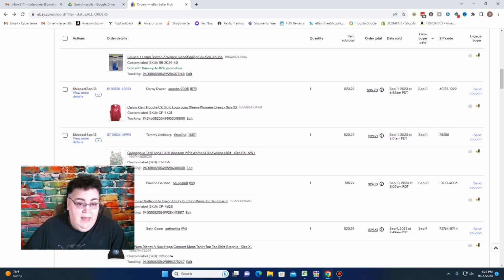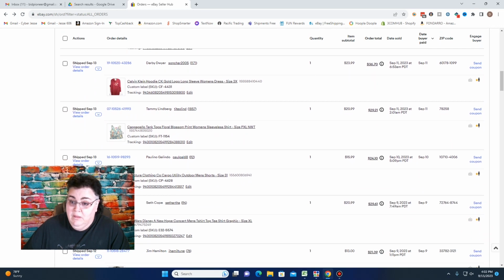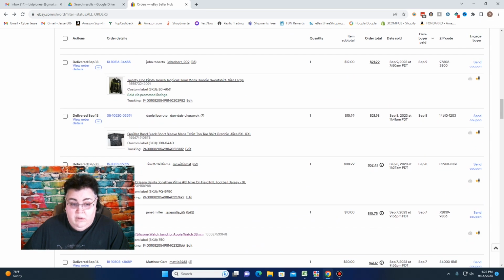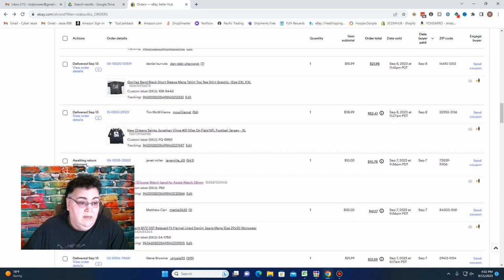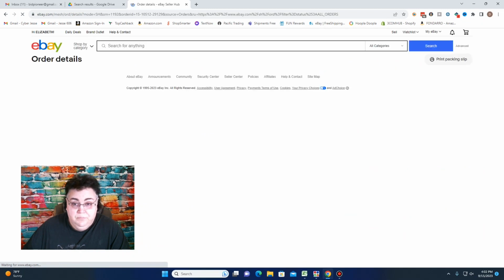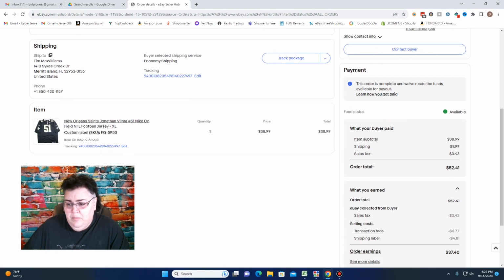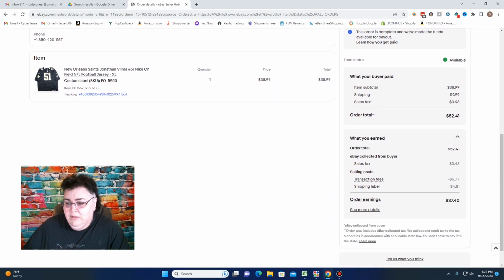Let's look at a higher priced item. I'm trying to find one. There we go. $38.99 on this jersey. They paid $9.99 shipping, sales tax, so you have the buyer all in at $52.41.